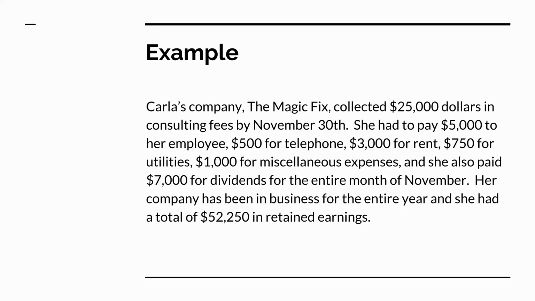She had to pay $5,000 to her one employee, $500 for telephone, $3,000 for her rent, $750 for utilities, $1,000 for other miscellaneous expenses, and she also had to pay $7,000 for dividends for the entire month of November. And her company has been in business for the entire year, and she has a total of $52,250 in retained earnings.